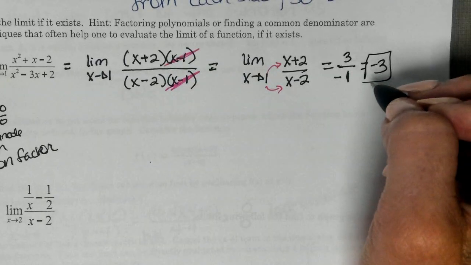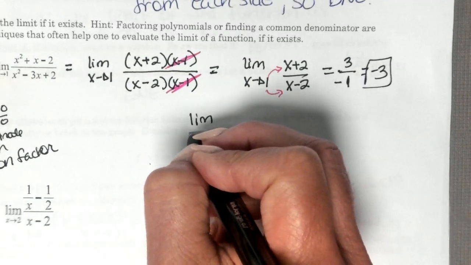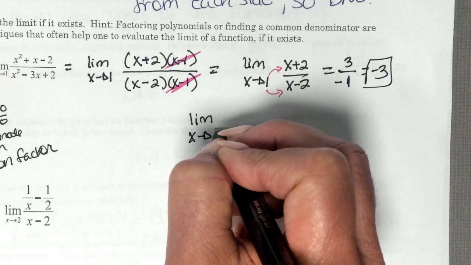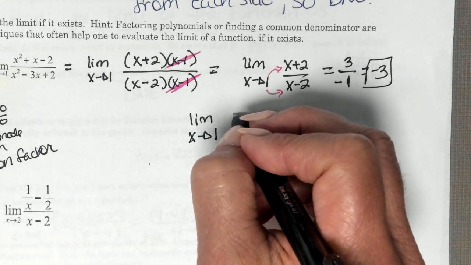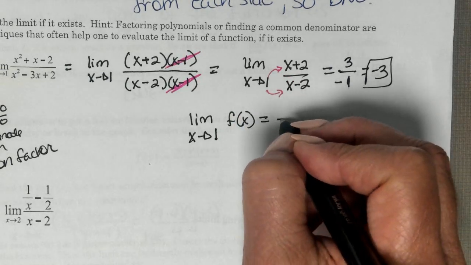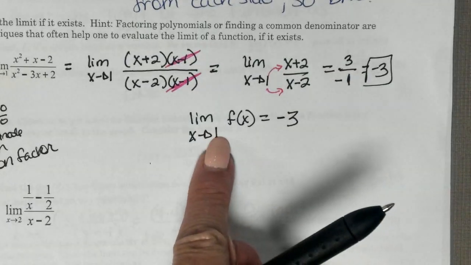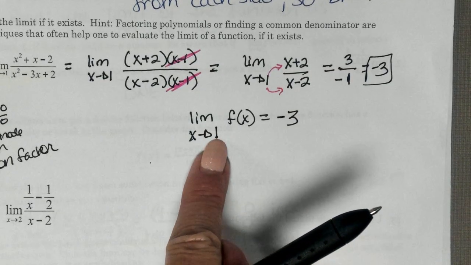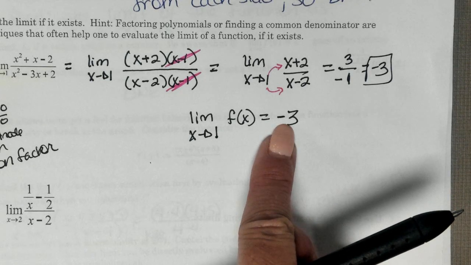All right, so the limit as x approaches 1 for this function, and I'm just going to write f of x for simplicity's sake, equals negative 3. This is what we're approaching for the x value, and this is where the graph is headed as far as the output value, the y-axis, goes.